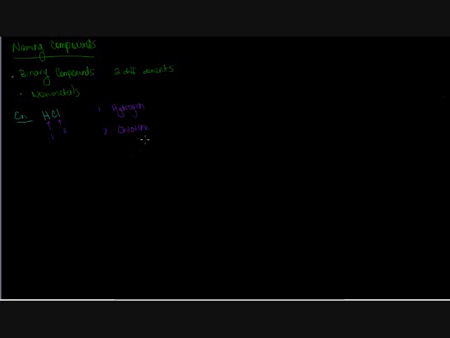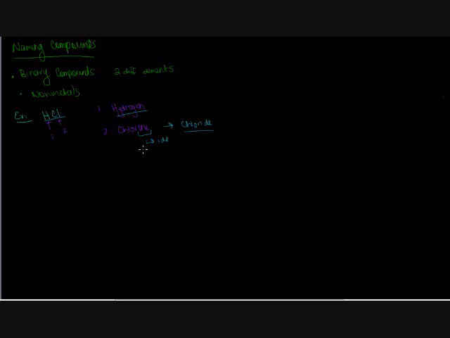Now, the way to name it is that the second element becomes an ide. The ending of this name becomes ide. So chlorine becomes chloride. So the final name for this compound right here is hydrogen chloride.